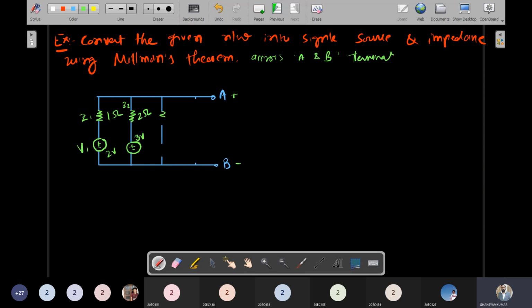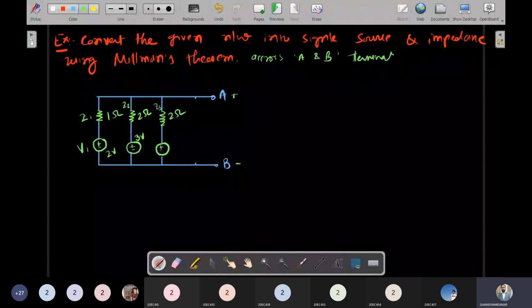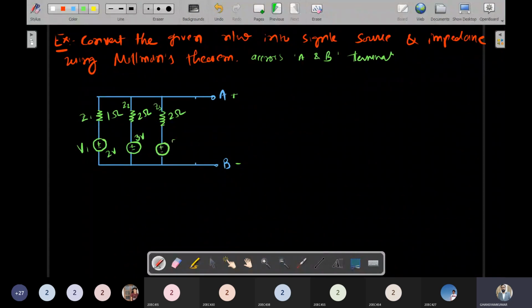This side one more impedance, that is Z3, the value is 2 ohm, and this value is 5 volt. This is V2 and this is V3.